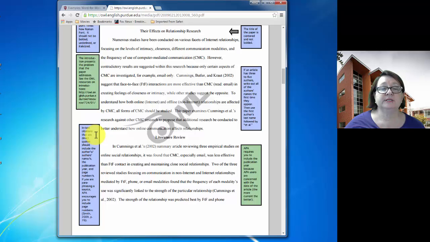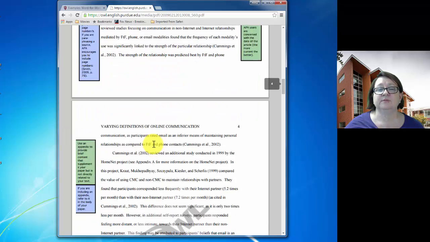If you are paraphrasing a source, APA encourages you to use page numbers, but it doesn't require them. And again, all of the APA rules are written for people who are publishing in academic journals. They are not necessarily written for people turning in classroom papers. So that's something that you can discuss with your professor as well.